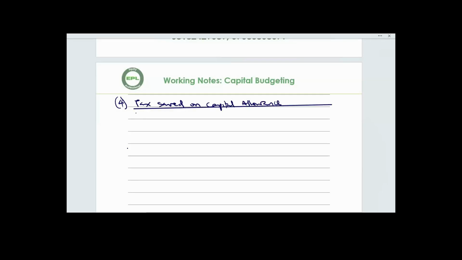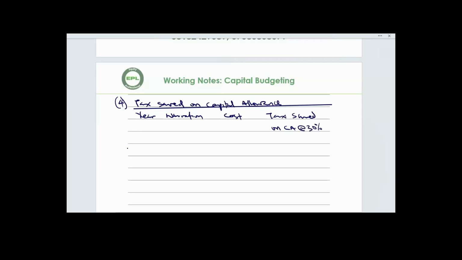You already have the format, starting from year, narration, cost, then tax saved on capital allowance at 30%. Company tax rate is 30%.